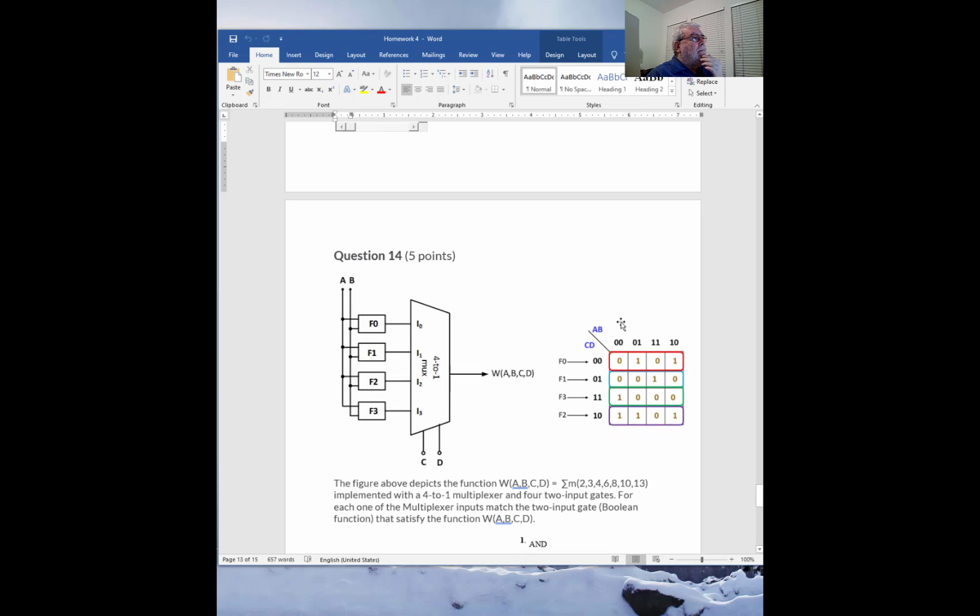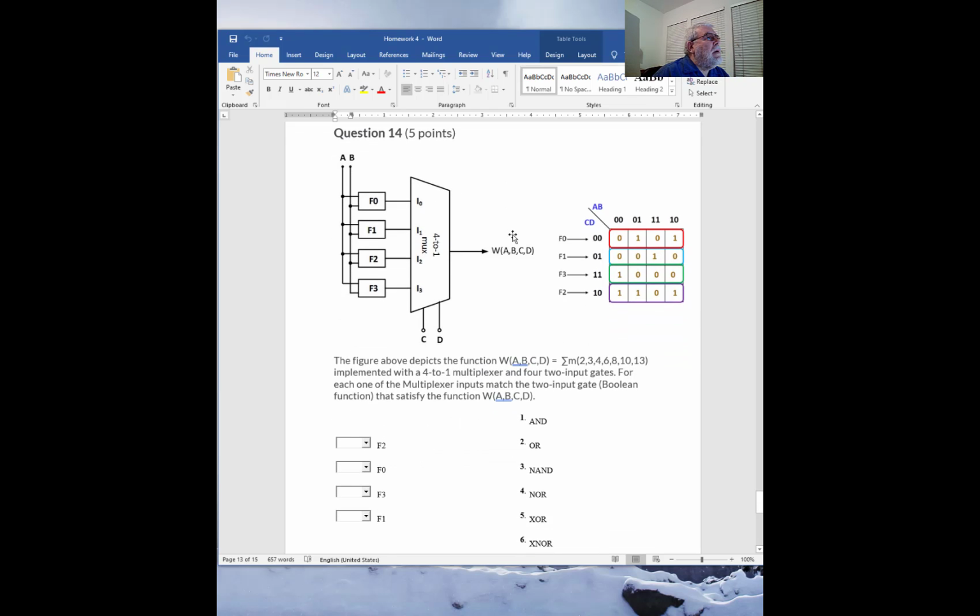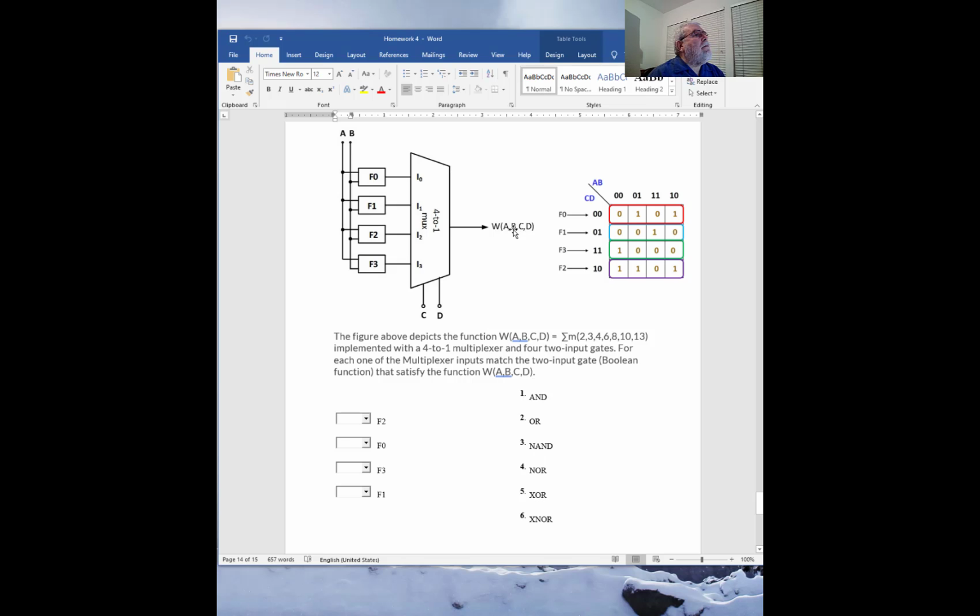Question 14. Okay, guess what? It's another multiplexer. In this case, it's a very interesting problem because we have the following. The inputs of the 4 to 1 mux are gates.